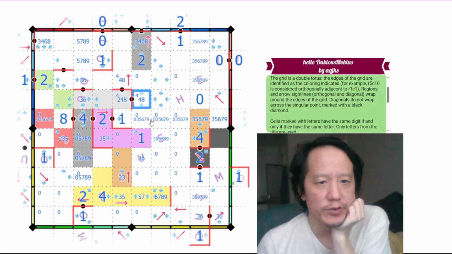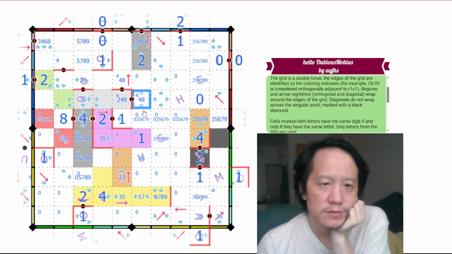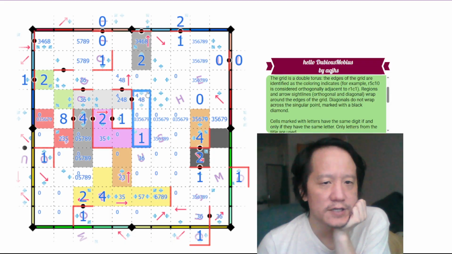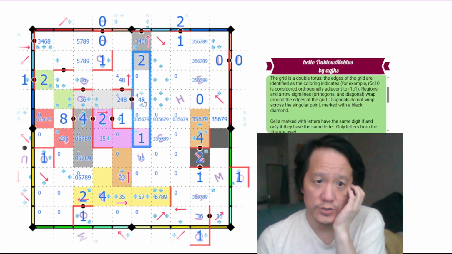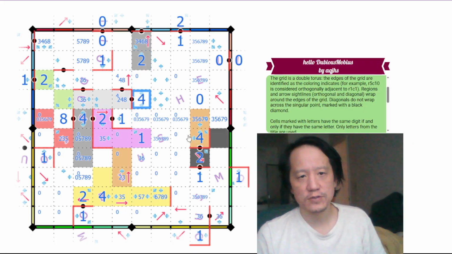Interesting. Can this ever be 8? I think the answer to that is no. If this were 8, how would that even work? It would have to connect this and this at least, and that doesn't work. So this is 4 at most.